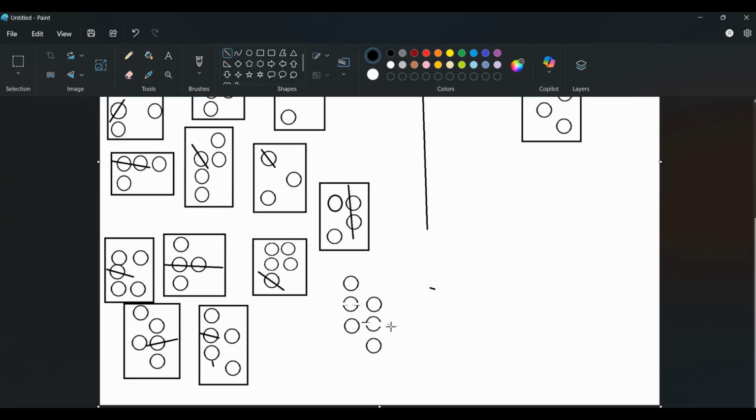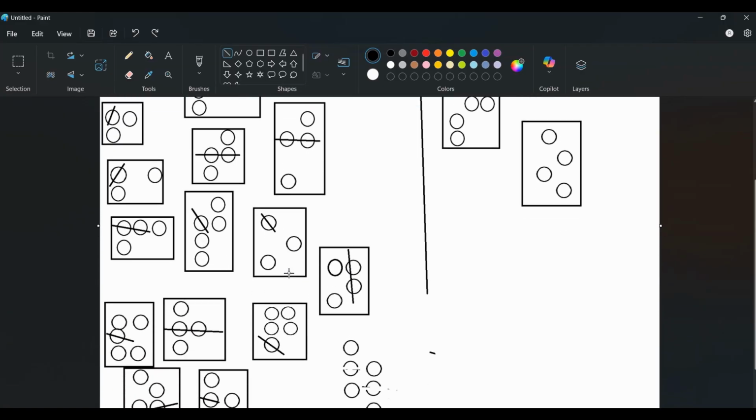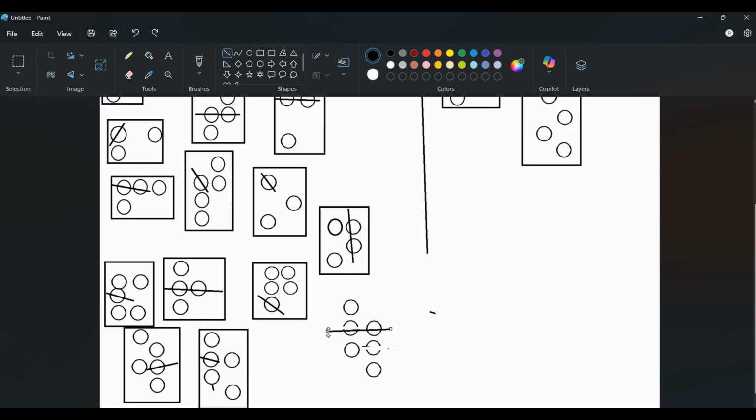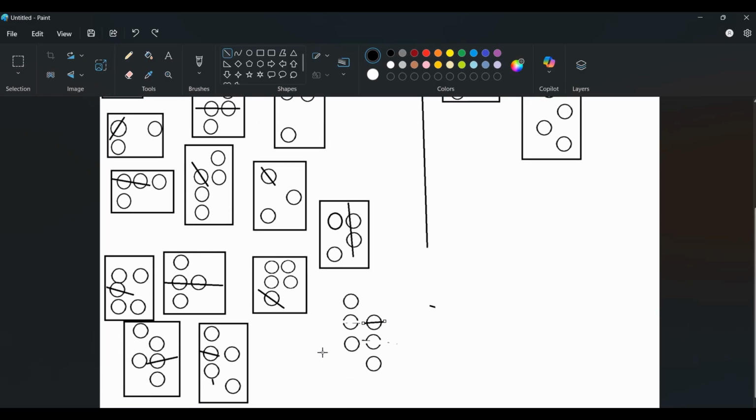Let's see. This belongs to F. This belongs to F. This belongs to F. This belongs to F. This belongs to F. Yeah, this belongs to F as well.